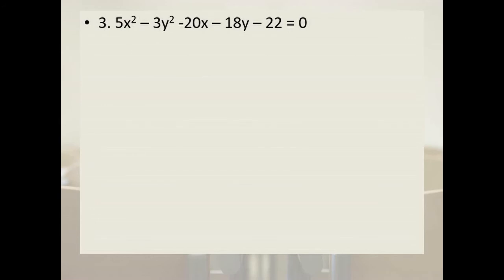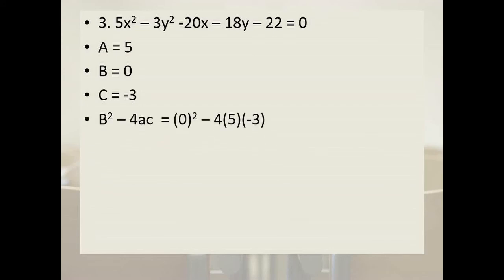Number 3. 5x squared minus 3y squared minus 20x minus 18y minus 22 is equal to 0. A here is equal to 5, B is equal to 0, and C is equal to negative 3. B squared minus 4AC is equal to 0 squared minus 4 times 5 times the quantity negative 3.